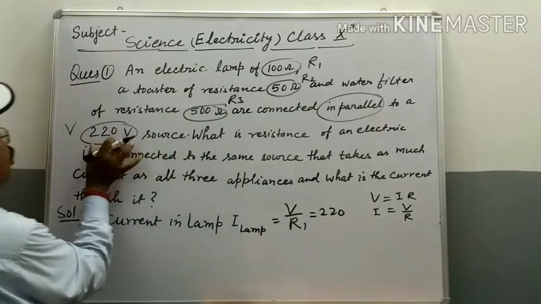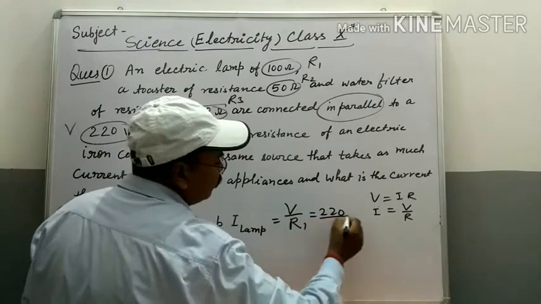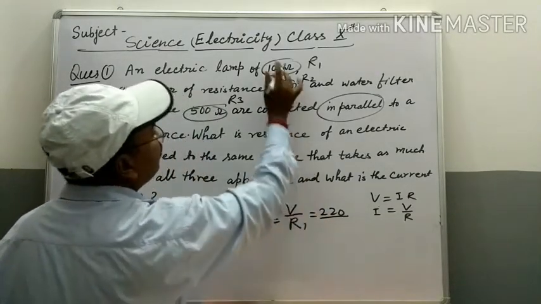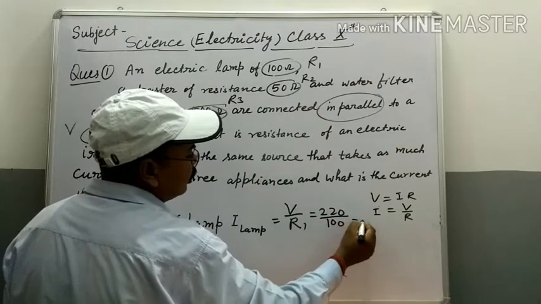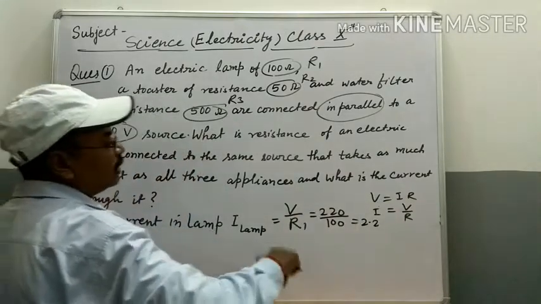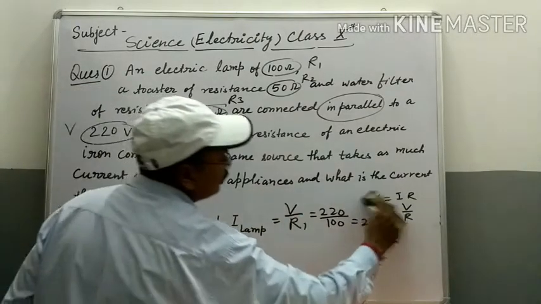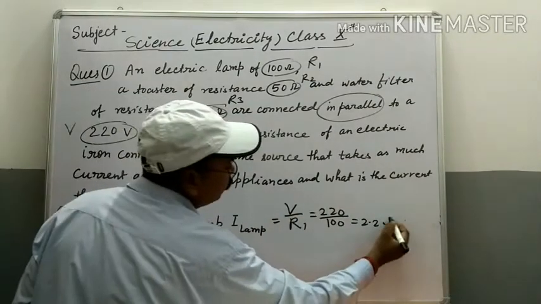Already I have been told voltage in all the parallel connections same 220 volts and resistance 100, and this one students 2.2 ohm, 2.2 ohm. That's formula students. You can erase this 2.2 ohm.